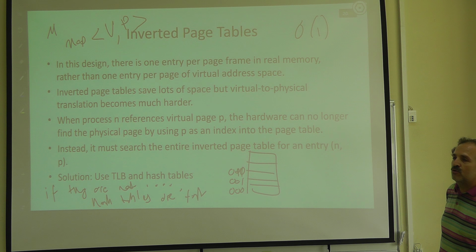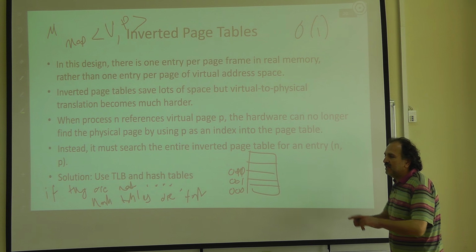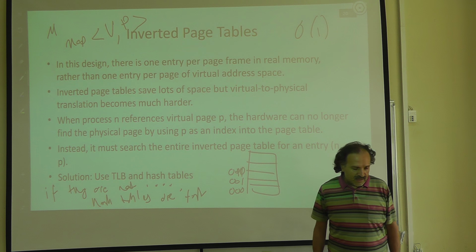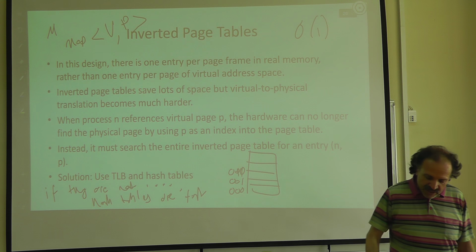If the loading factor is 1, that means I will have 1 item per hash key. I wouldn't expect any collisions, and I wouldn't expect any very long linked lists. So hash tables would be very large.